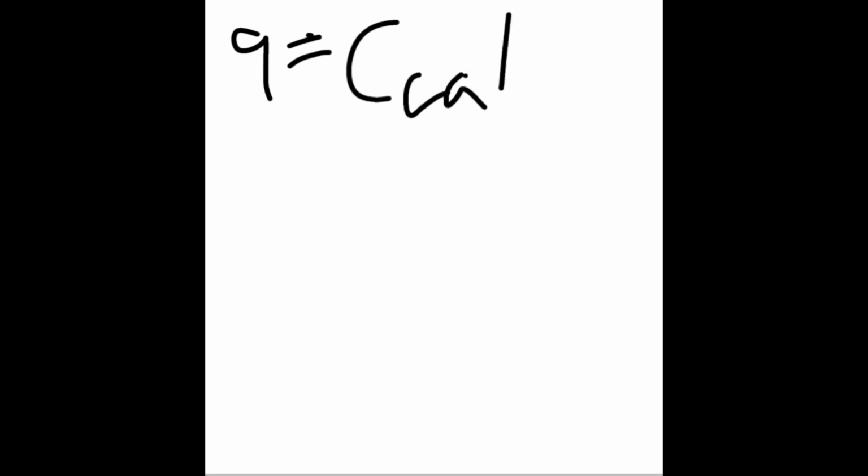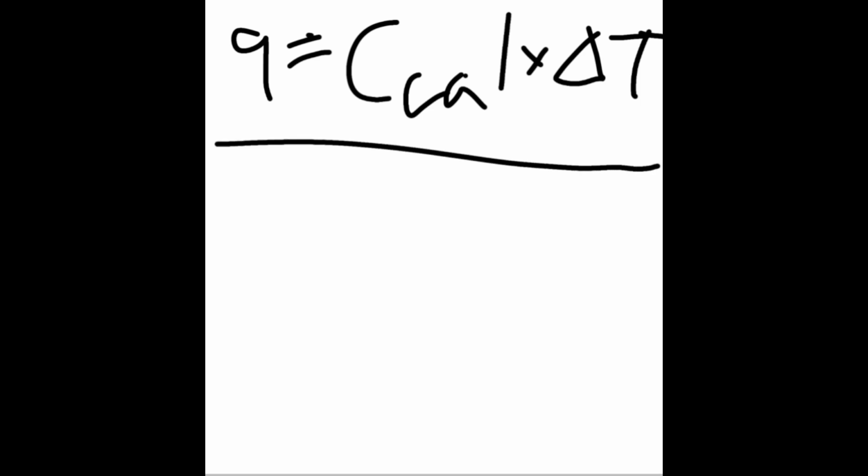Now, for this example, if the calorimeter has a known heat capacity of Ccal = 10,000 joules per degree Celsius, and the temperature rise due to combustion is ΔT = 2.5 degrees Celsius, the heat released by the sample uses the same formula as before: Q = Ccal × ΔT. We go straight to solving because we already have every given we need.